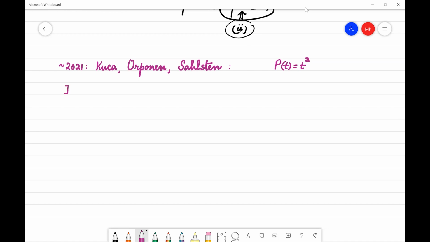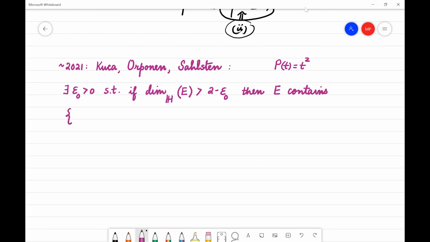They show that there exists an absolute small constant epsilon naught such that if the Hausdorff dimension of E is larger than 2 minus epsilon naught, then E contains x, x plus t square for some choice of x and some t non-zero.